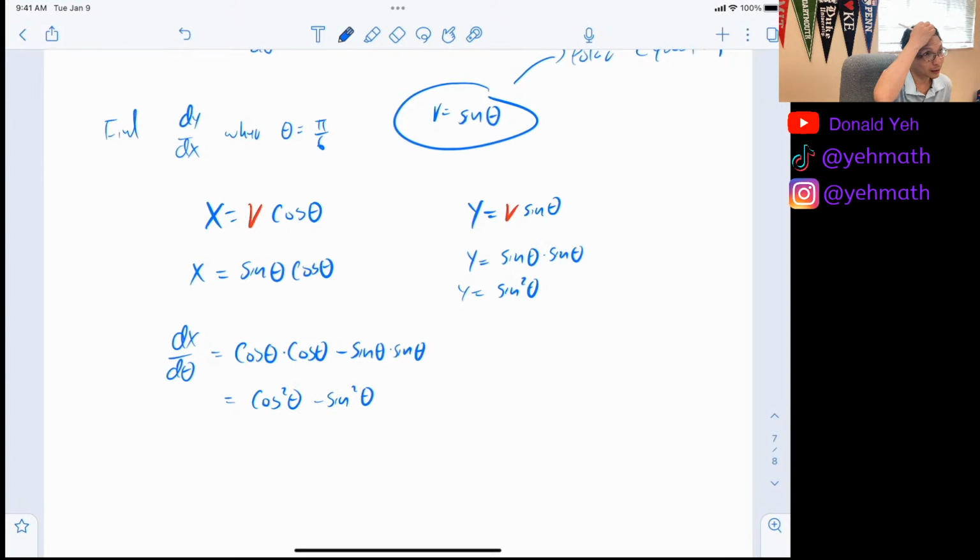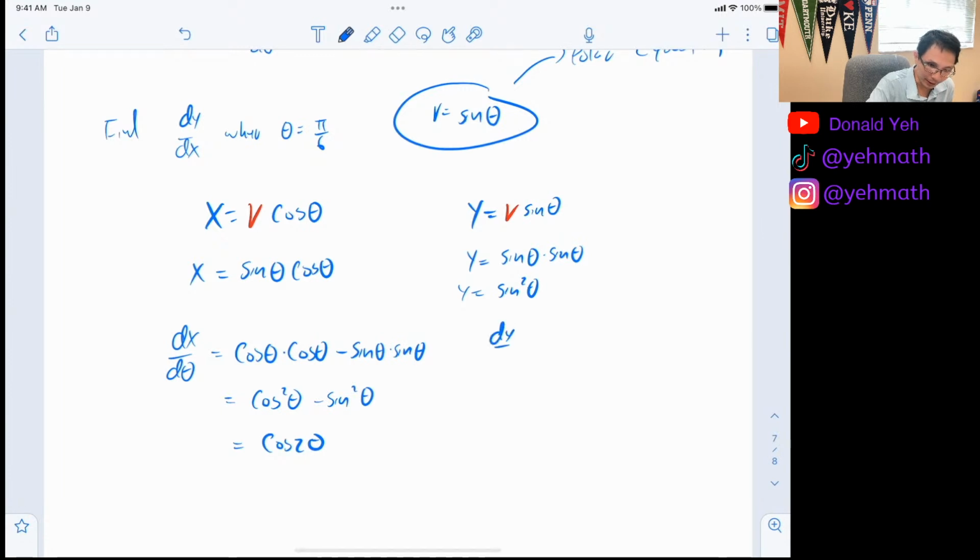That's one of the identities. It's very important you know that because it makes your life a lot easier. Cosine of 2 theta, the double angle.